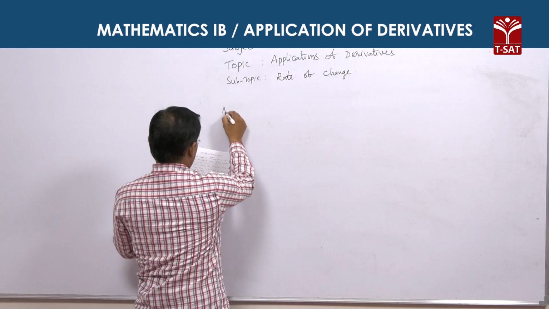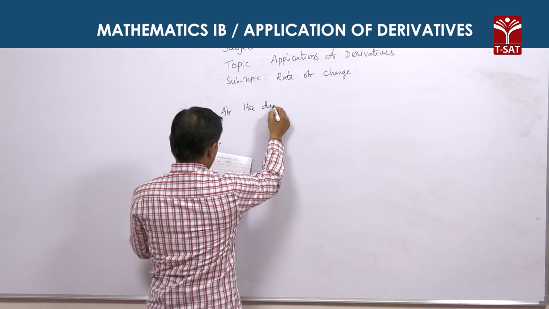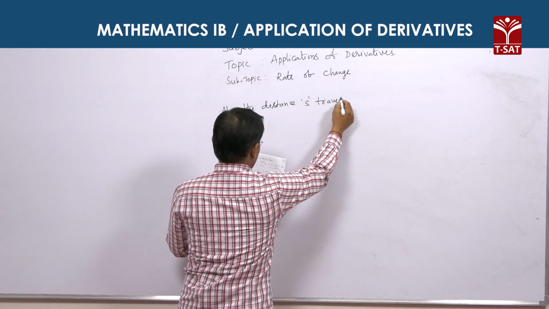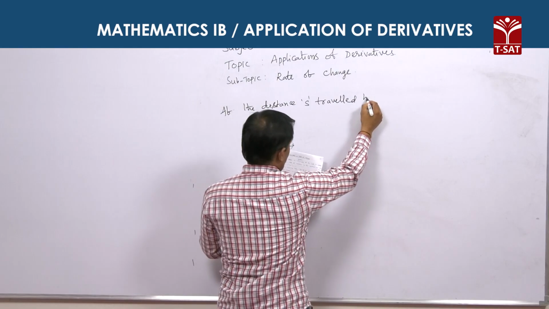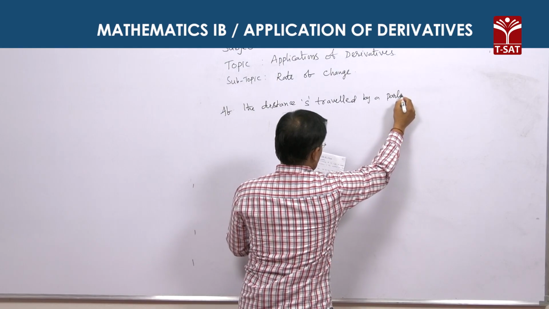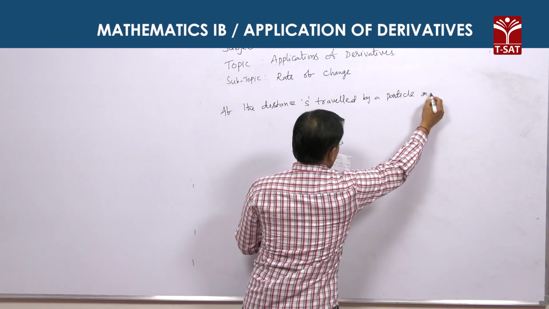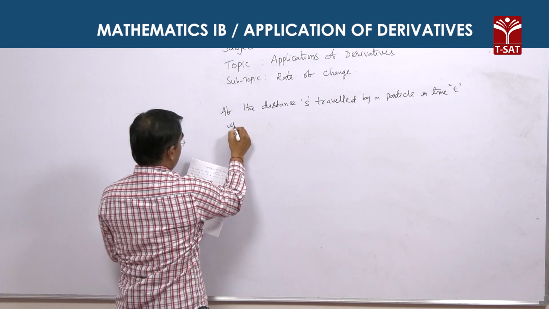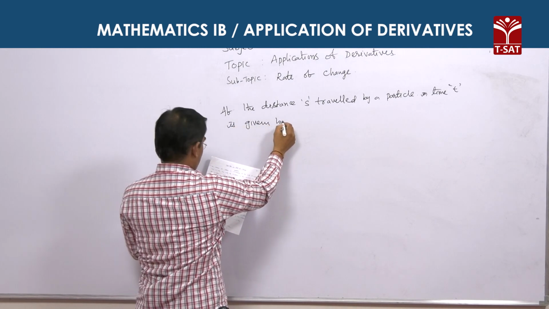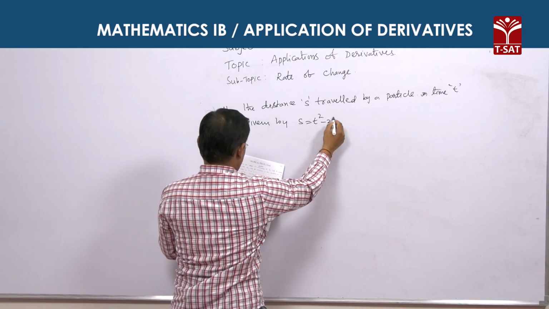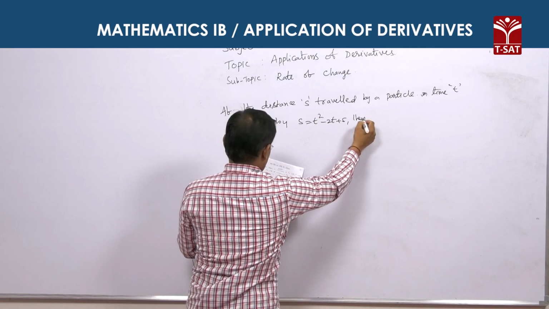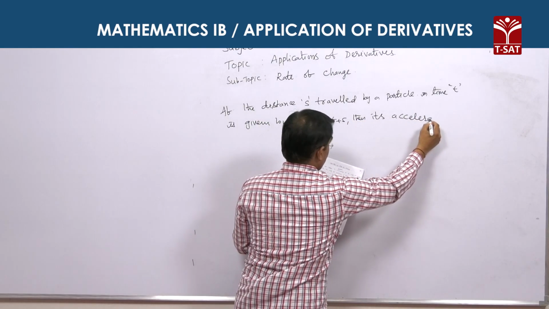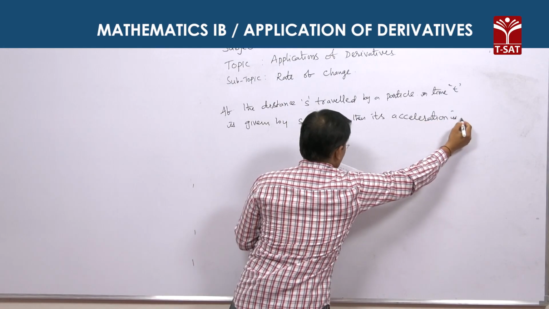If the distance traveled by a particle in time t is given by s is equal to t² minus 2t plus 5, then its acceleration is dash.